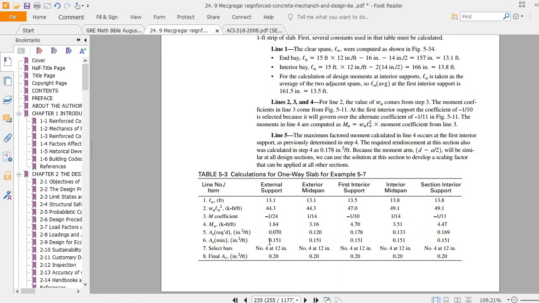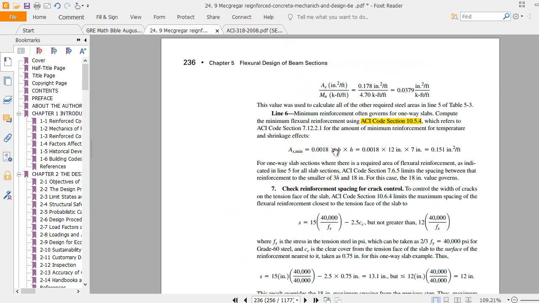The next is As minimum. Basically from where is this value taken? This is 0.0018. Remember, if I show you this value right here, you see 0.0018 bh, and you got 0.157.